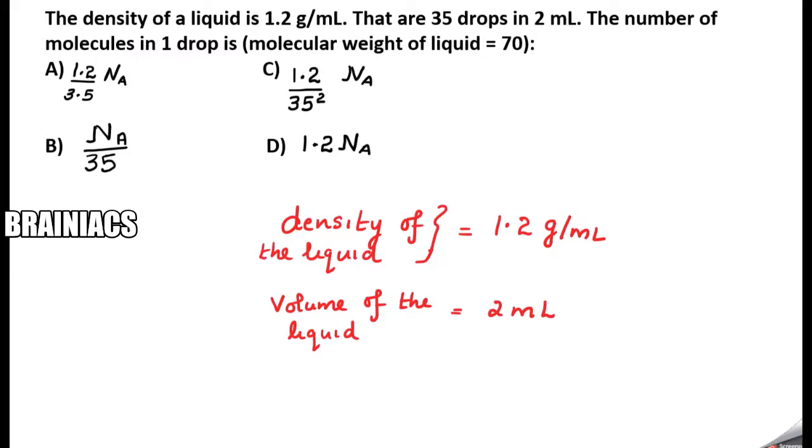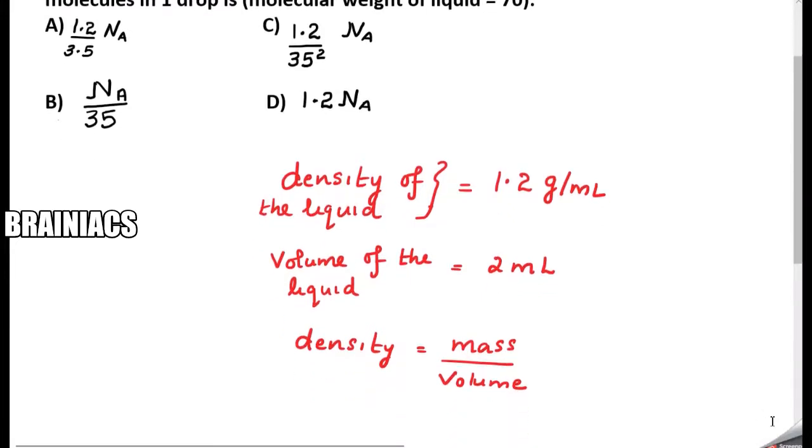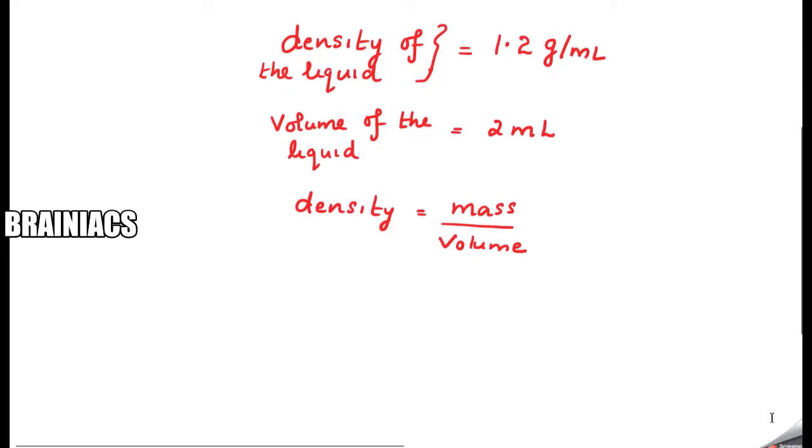Correct. So volume of the liquid is given as 2 ml, and we know the density of this liquid. Now what we can find out, we have our standard formula. Density is equal to mass divided by volume. Now we want to find out mass actually.